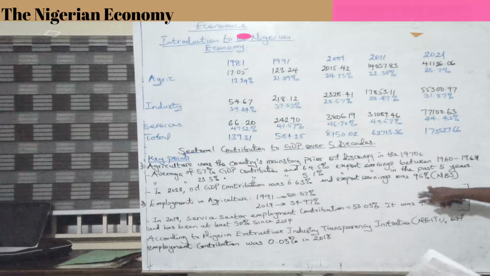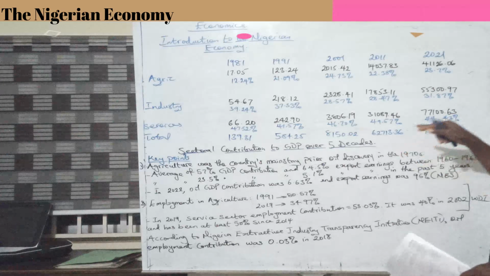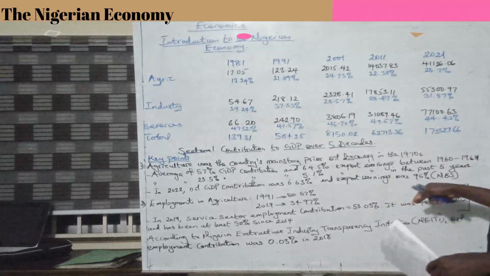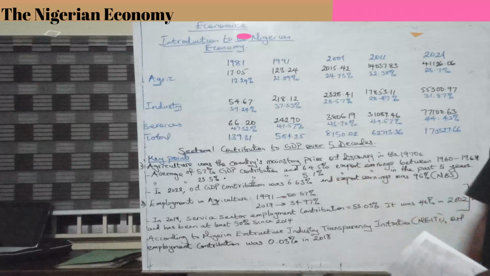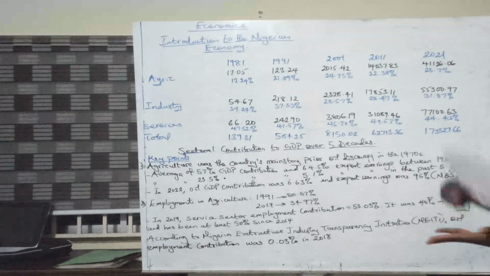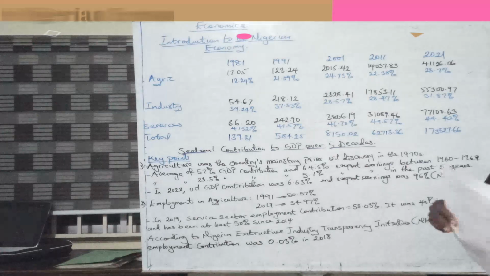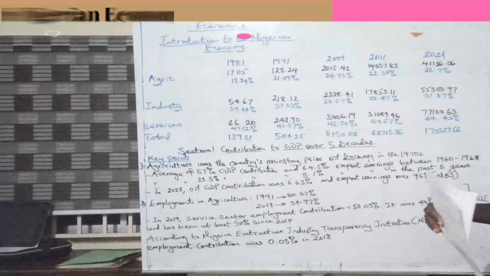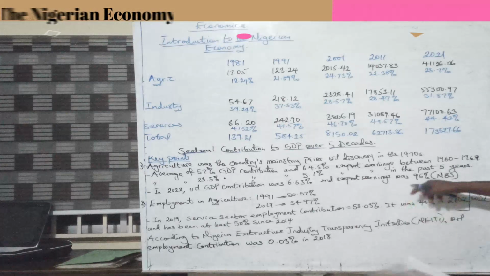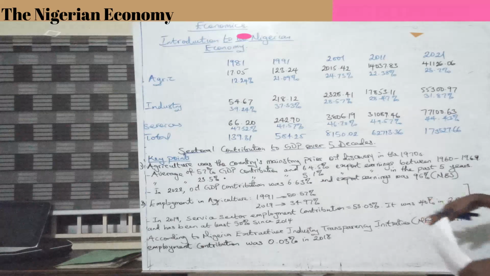So in 2022 alone, Nigeria got 95% of its foreign currency from oil. That means agric and services have to share the remaining 5% foreign exchange contribution. And this data is from the National Bureau of Statistics.